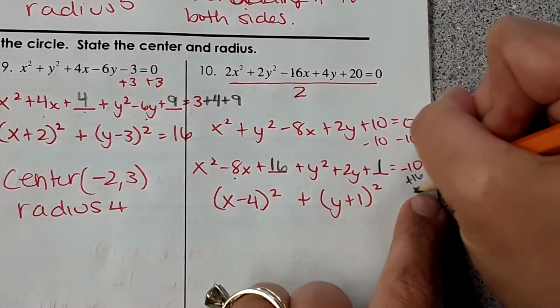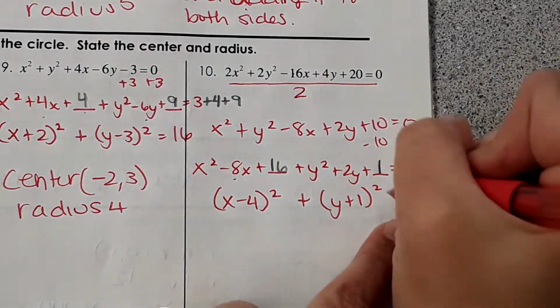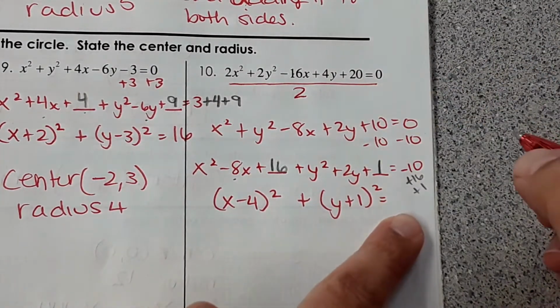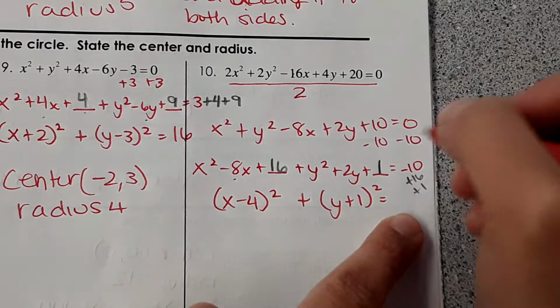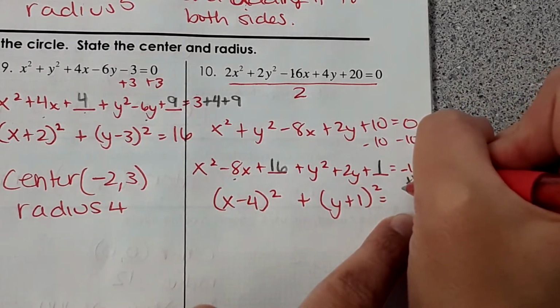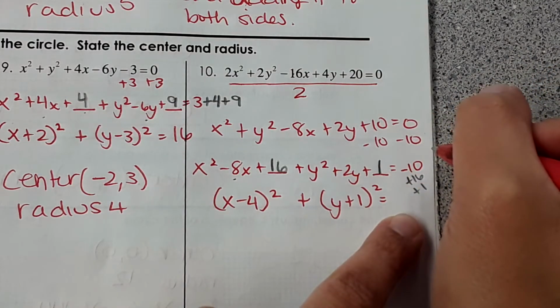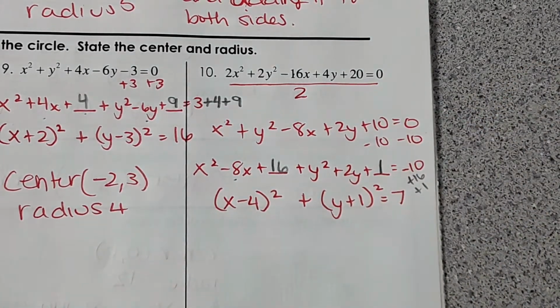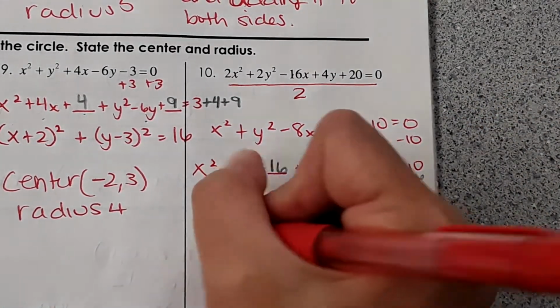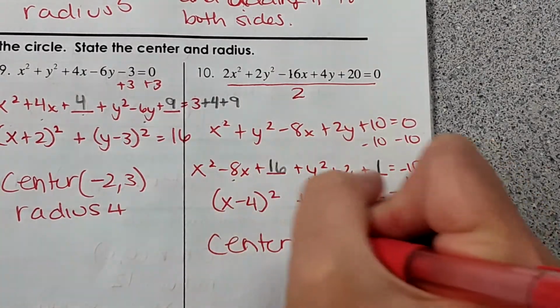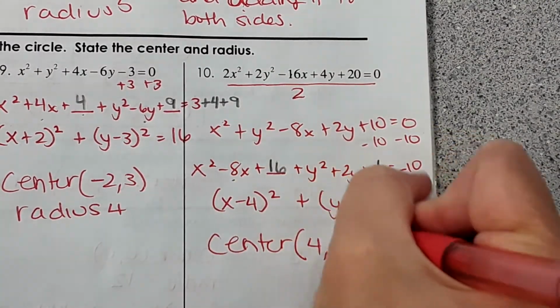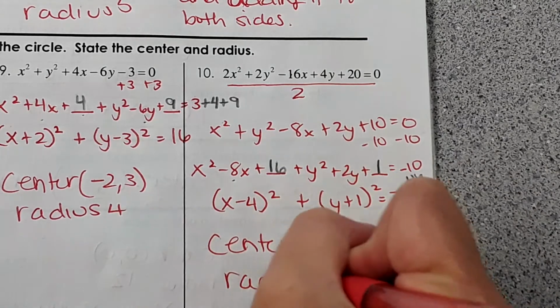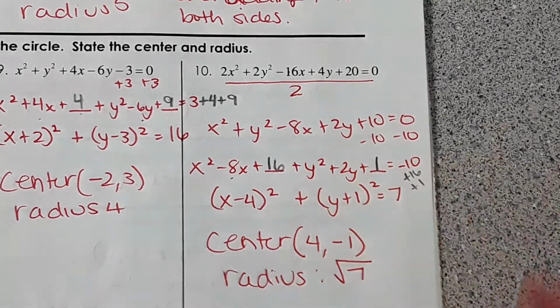Plus 16 plus 1 equals 7. Then our center is 4, -1, and our radius is square root of 7.